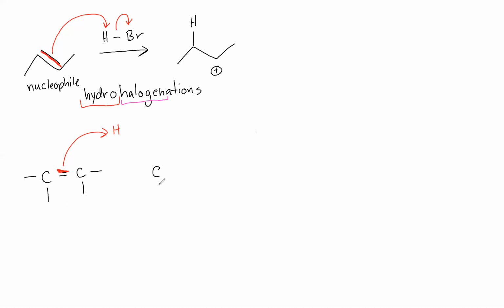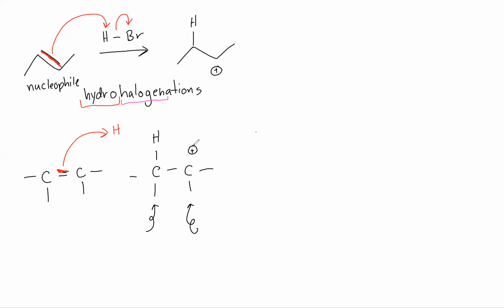And so that hydrogen will have to go to either one carbon or the other. Let's say it goes to this carbon. So now this carbon keeps its 4 bonds. However, this carbon on the right lost one of its bonds and did not gain any more electrons. This means that carbon is going to gain a positive formal charge.